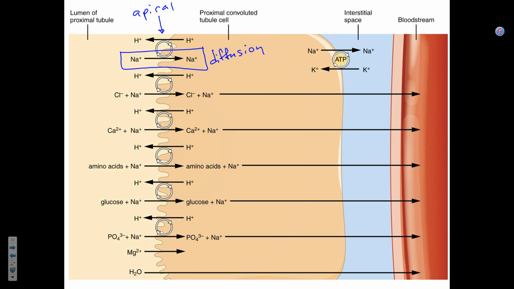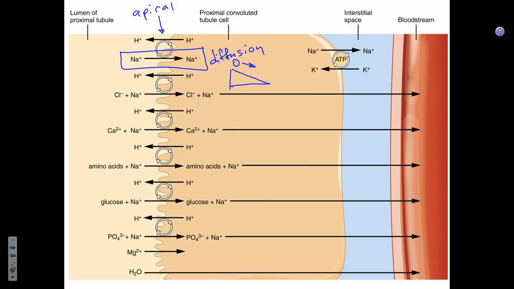Are you with me? You probably have learned that this is my depiction of diffusion, right? So sodium ions are moving down the concentration gradient, and do they gain some energy as they're moving? Yeah, what kind of energy? Kinetic energy, right?